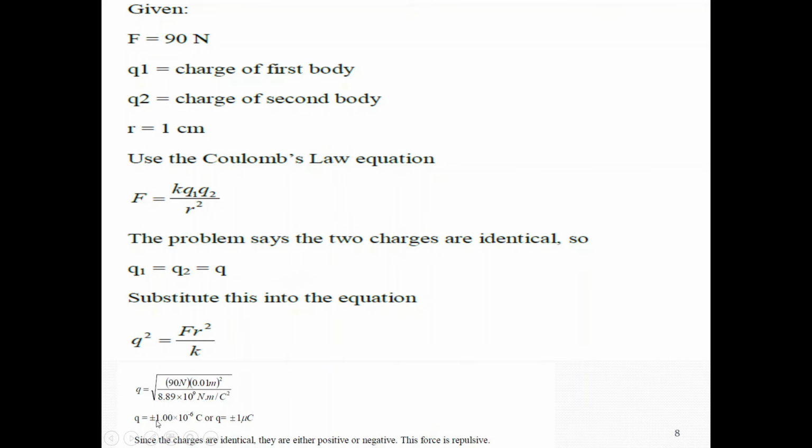So finally, inside the square root you get 10 raised to minus 12, then outside the square root it becomes 10 raised to minus 6 Coulomb, or 1 microcoulomb. So if Q1 is equal to positive 1 microcoulomb, Q2 will be positive 1 microcoulomb. If Q1 is equal to negative 1 microcoulomb, then Q2 is equal to negative 1 microcoulomb, because the two charges are identical.